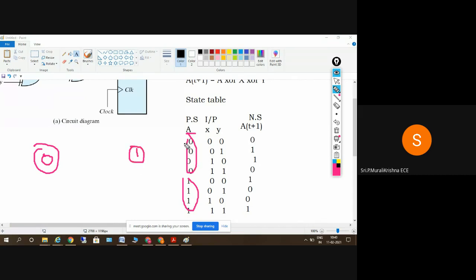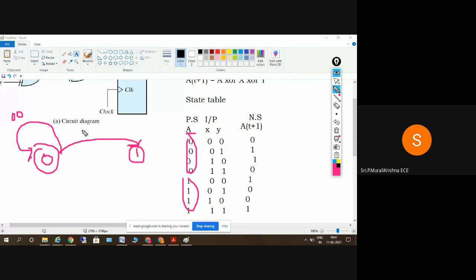Okay, now we have to list all the possible transitions here. In the 0 state, the application of input 0 0, there is no output here, I am not mentioning any, it will remain in the same state. And if in the 0 state the input is 0 1, it will go to state 1.